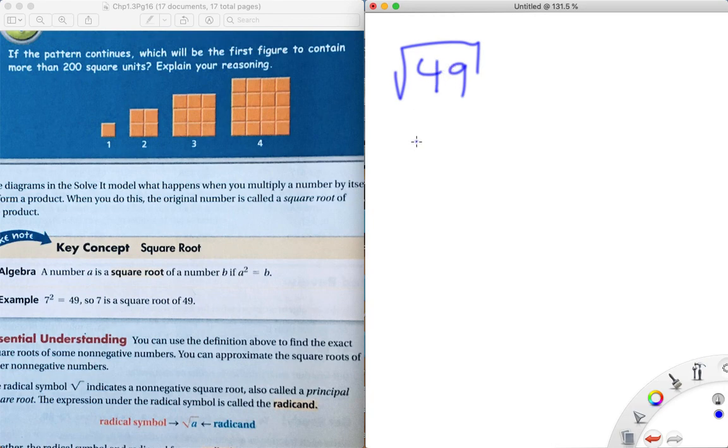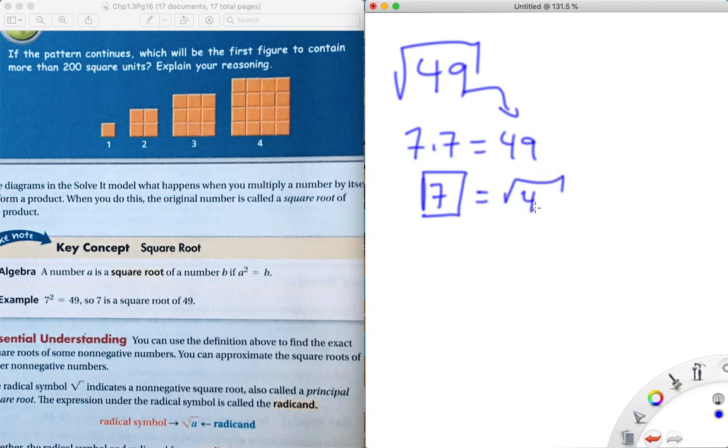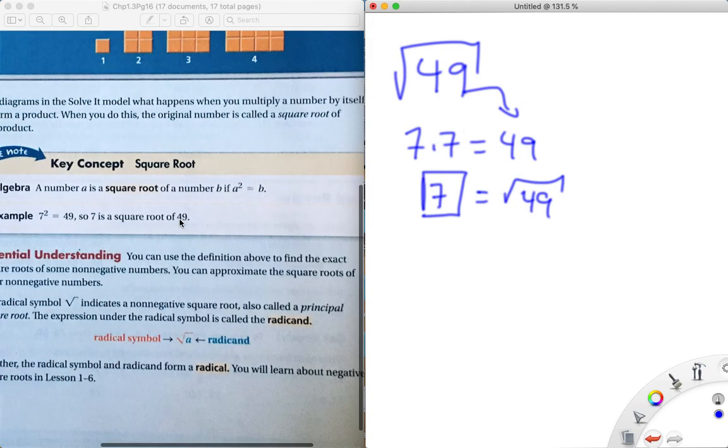So I have to multiply a number twice, and that number has to get me the number that's inside the radical symbol. Since I multiply 7 times 7 to get 49, then I know that 7 is the square root of 49, because if I multiply 7 by itself, I will get that same number. That is a square root.